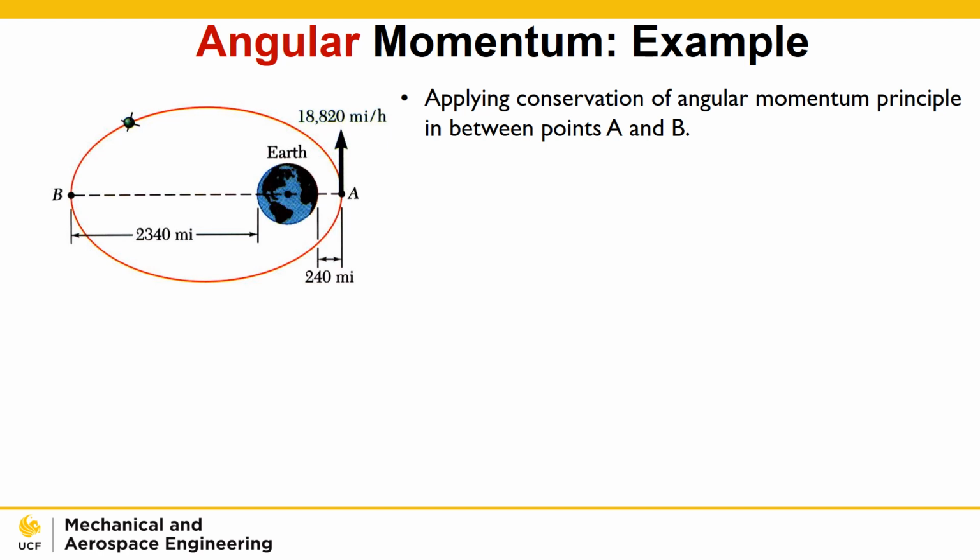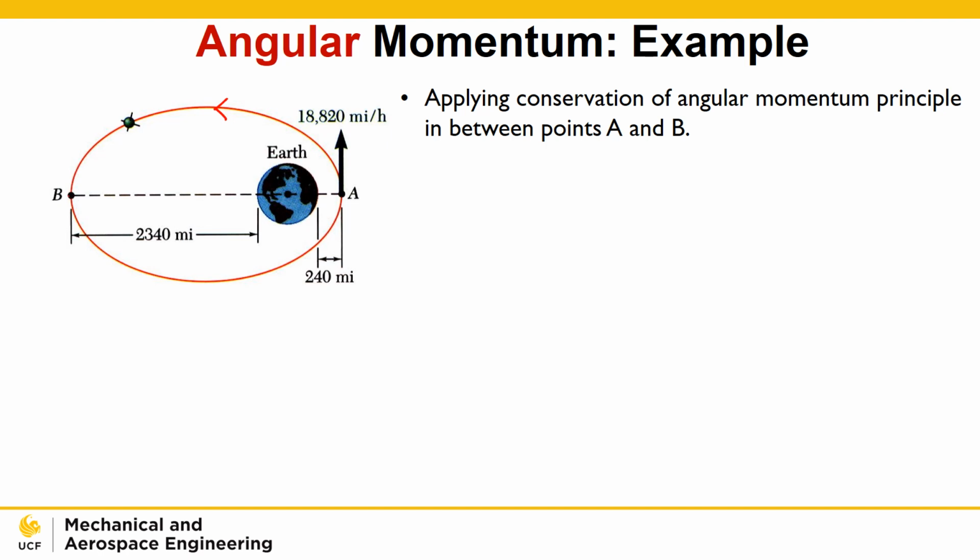As mentioned in the previous slide, we will apply the principle of conservation of angular momentum to the satellite at points A and B. Point A is the launching point of the satellite, so the direction of the velocity at point A is given to us. The satellite is traveling along this direction on the elliptical path.